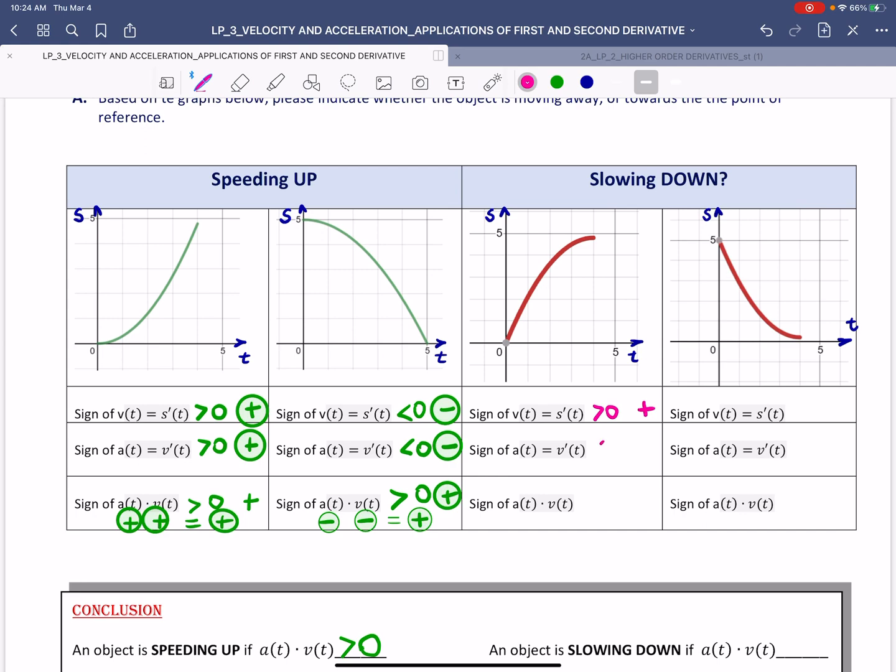That means that acceleration is negative because the rate of change of velocity is negative due to its decreasing value. So the product of velocity and acceleration will be the product of a positive with a negative, so we'll say that the product of the two will be a negative number.